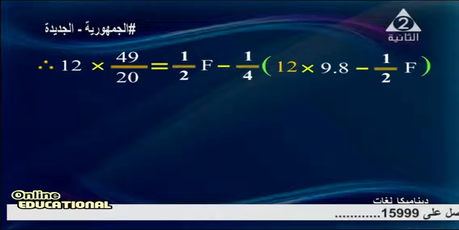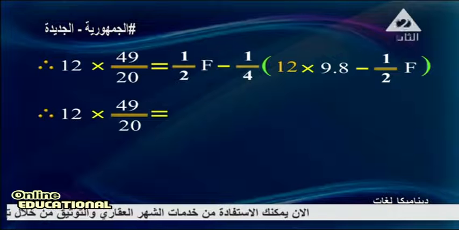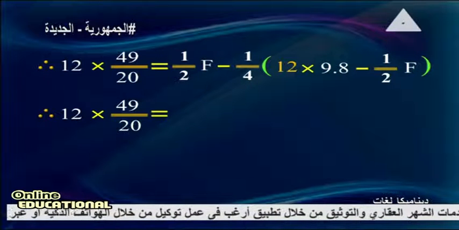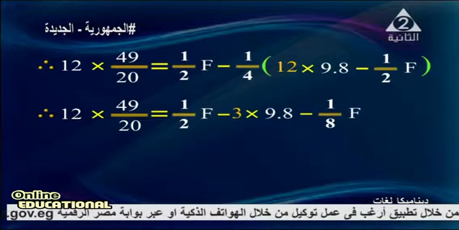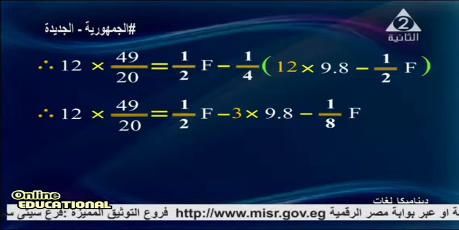Now we can expand the brackets to simplify the equation. The left hand side 12 times 49 over 20 equals the right hand side half F minus 3 times 9.8 minus 1 over 8F.